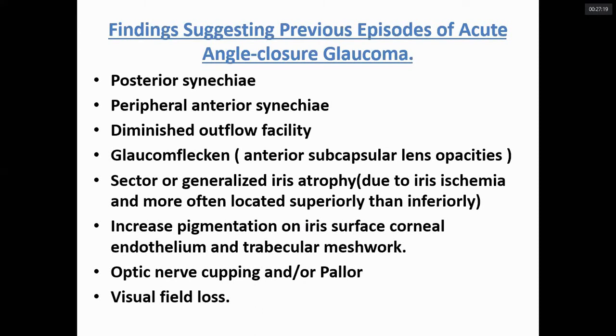You can see whitish or grayish patches over the iris, which is generally seen in iris atrophy. Then increased pigmentation of the iris surface, corneal endothelium and trabecular meshwork, optic nerve cupping or pallor, and visual field loss.